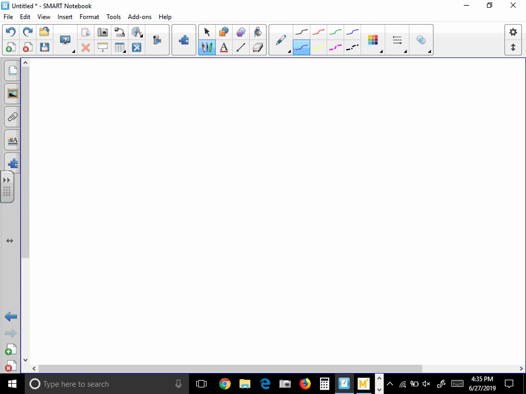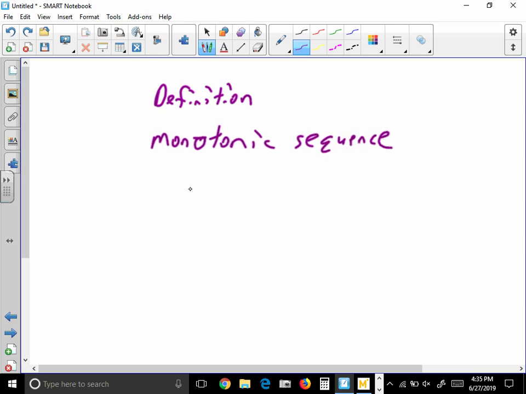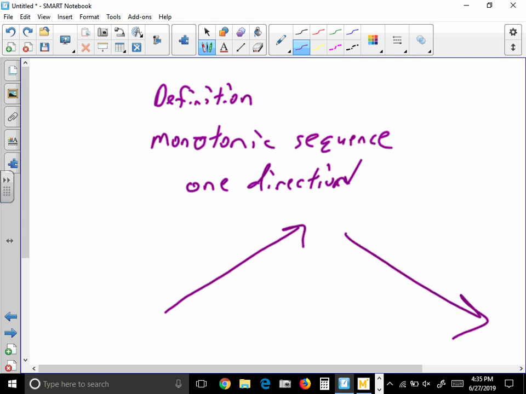All right, the next definition that we have is what's known as a monotonic sequence. Monotonic just means it's going in one direction. It's either always going up or always going down.